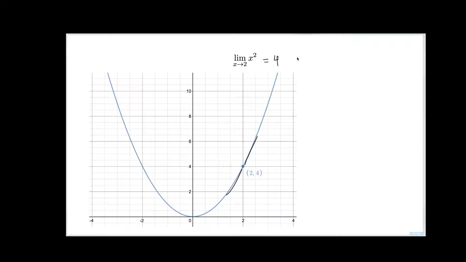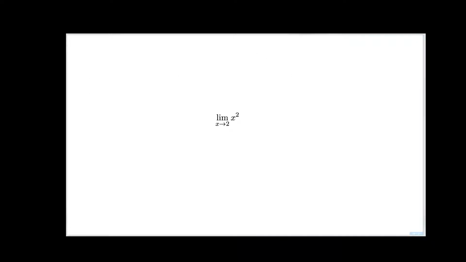And algebraically, in this particular function, what we see is that as x gets closer to 2, the values of x squared, well, I can actually plug in 2 squared and see what is happening here. As x gets closer to 2, the values of x squared are just getting closer and closer to 2 squared, which is 4.